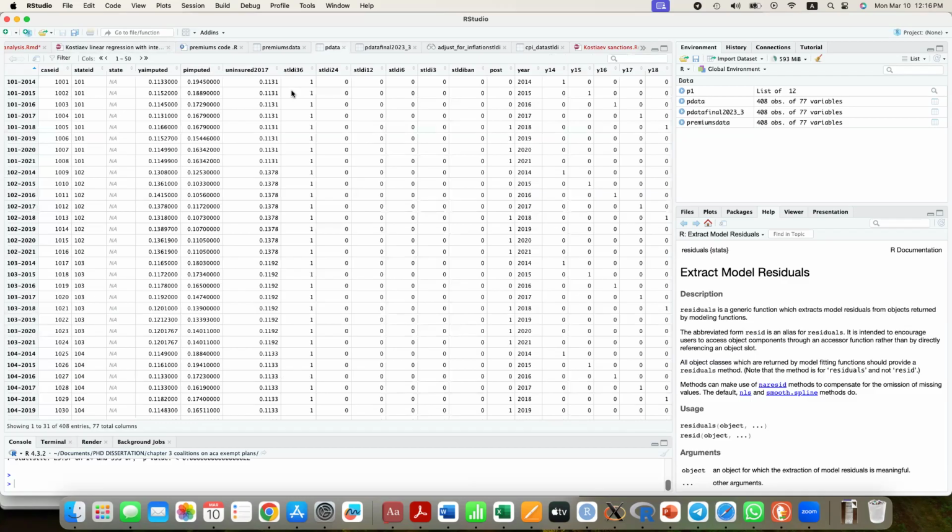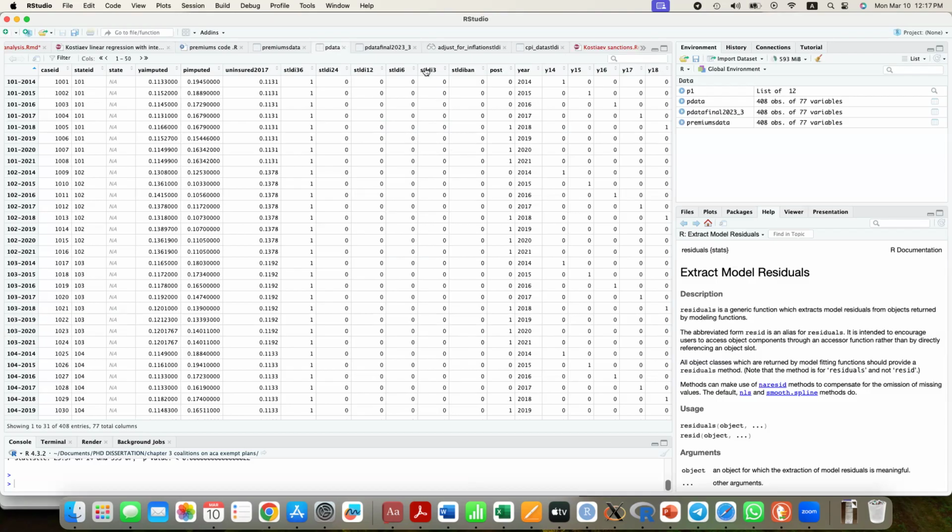So we have a bunch of variables: STLDI 36, 24, 12, 6, 3, and STLDI ban. Those variables indicate what kind of policy a particular state is implementing regarding short-term plans. If you have zeros, it means that, let's say, I do remember it's Alaska over here, right? If you have STLDI ban as zero, it indicates that Alaska does not ban short-term plans.